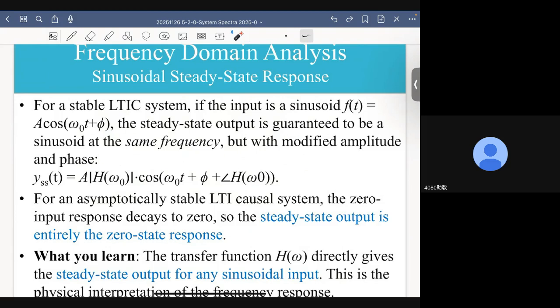So here we talk about the transfer function, and so the response is supposed to be related to the zero state response. But here the statement says what we are discussing is the steady state output.